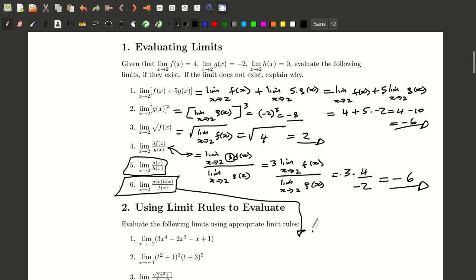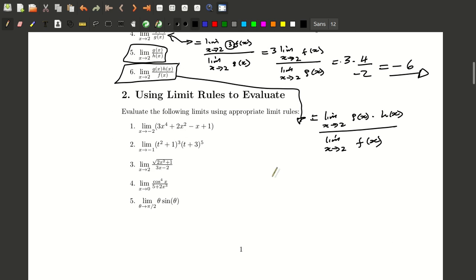So here, this is going to be equal to, I'm going to take the numerator alone and take the limit of the numerator as x approaches 2 of g of x times h of x. And then I'm going to divide this by the limit as x approaches 2 of f of x. If I'm going a little bit down here, you will notice that I have multiplication of 2 functions.